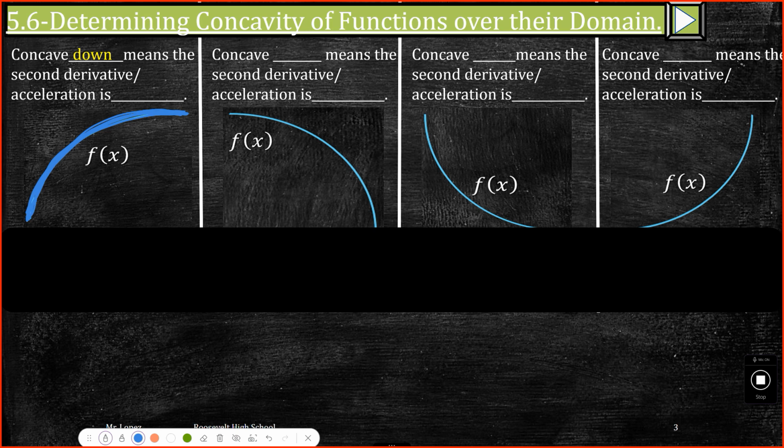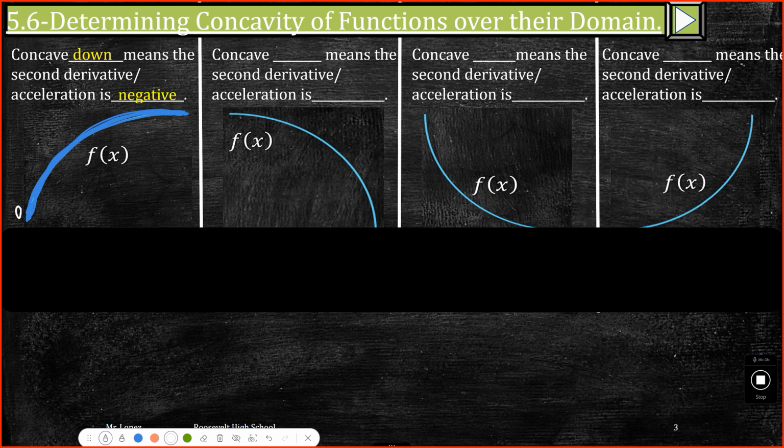Concave down means the second derivative, which is gravity. If we're talking about a football, you throw a football, gravity is always pulling it down. It's negative.